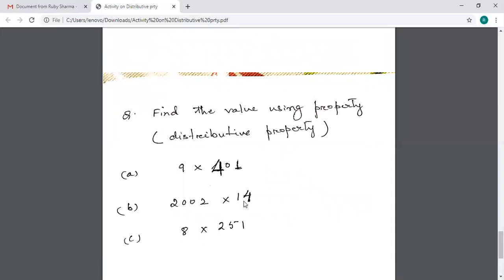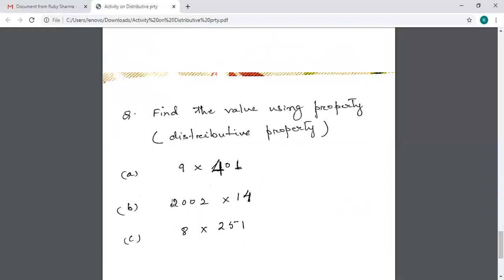Or first you can write 2002 into 10 plus 4 and multiply it. And if you feel it is necessary to write this also in the expanded form and do the calculation, you can do it. And if you feel no, you can directly get it, they are very small numbers.